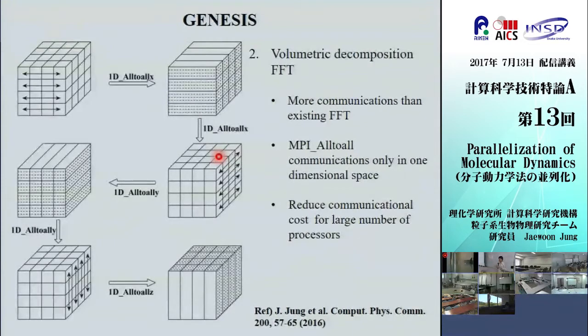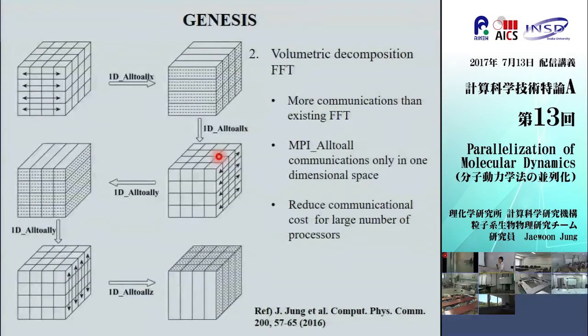The number of processors involved in the communication is just the cubic root of the number of processors. If you consider, for example, 4,000 processors, then the number of processors involved in the communication becomes 16. If we consider, for example, 32,000 processors, then the maximum number of processors involved in communication is 32.